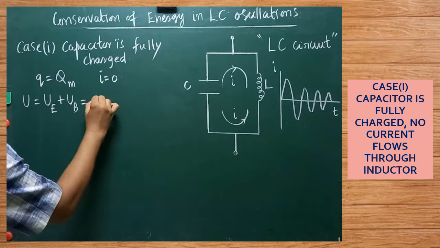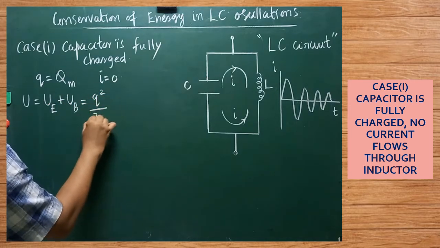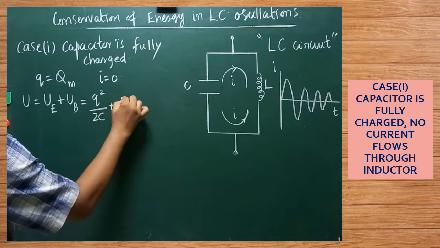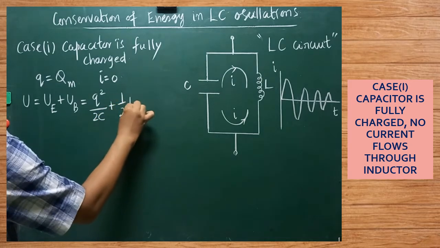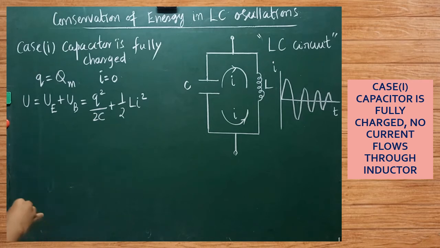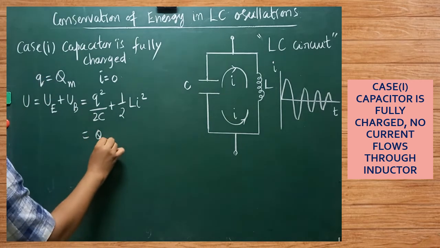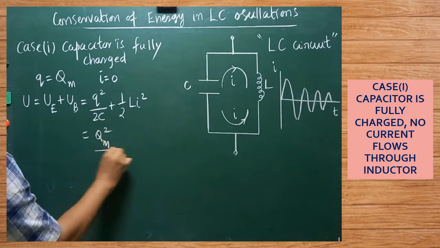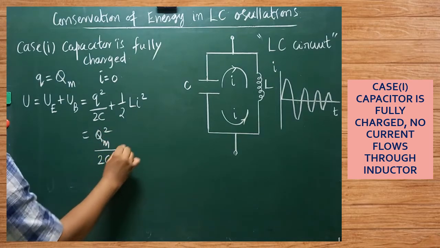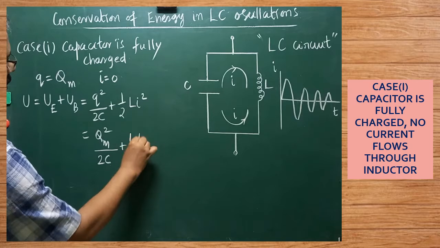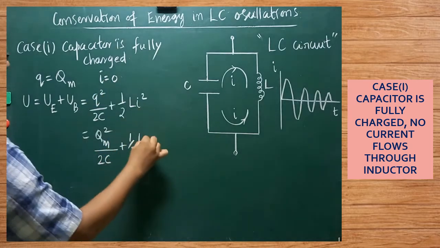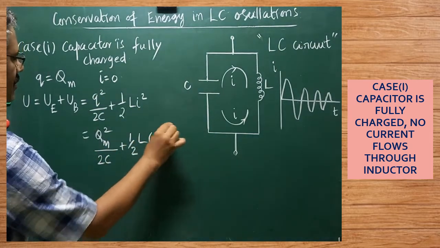What is the formula? Q square divided by 2C plus half L i square. So here, instead of q, substitute Qm square divided by 2C, plus half L, and instead of current, you have to substitute 0 square.